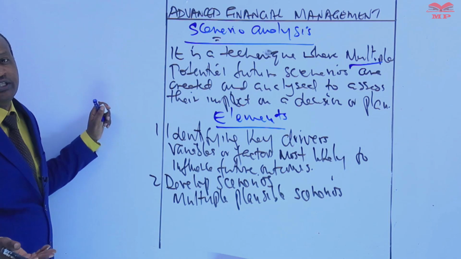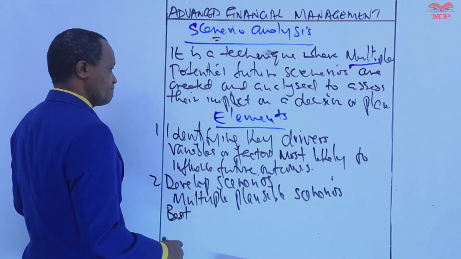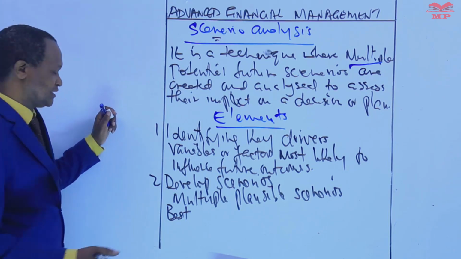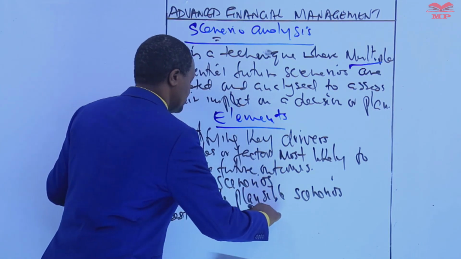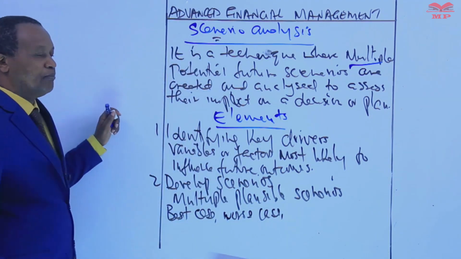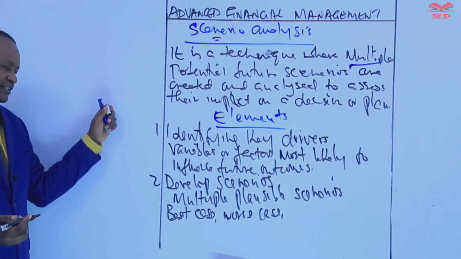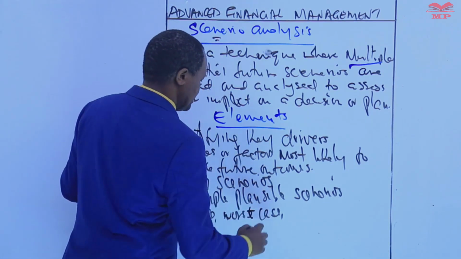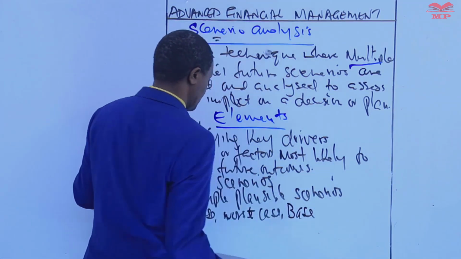And such scenarios could be the base case, the best case, the worst case, the most probable case. These are examples.